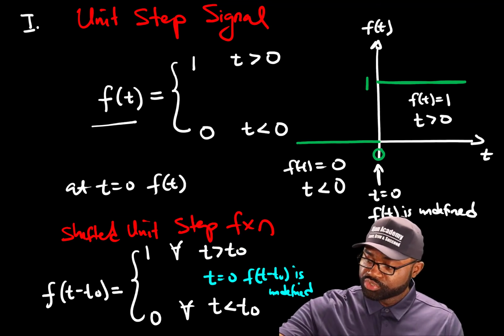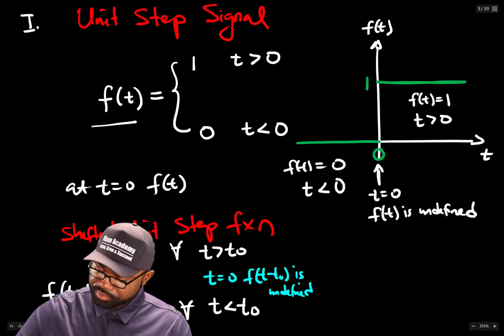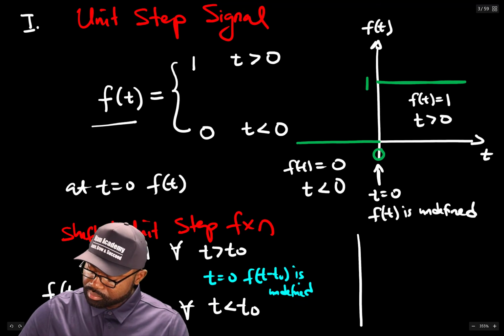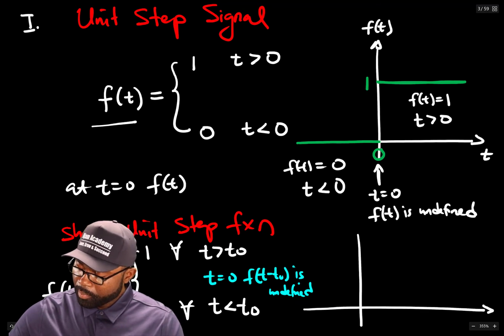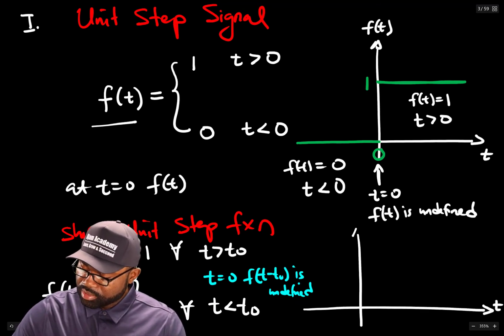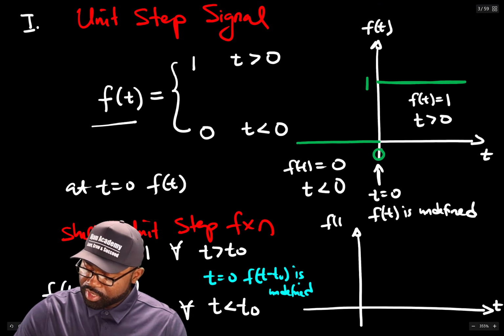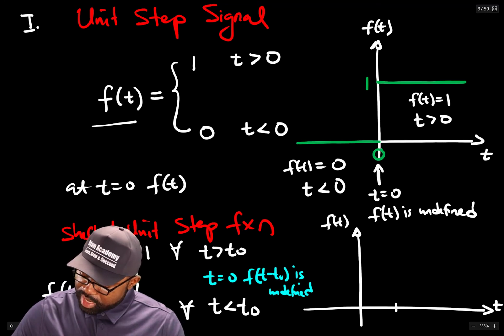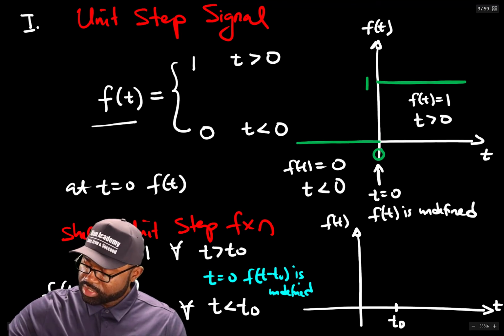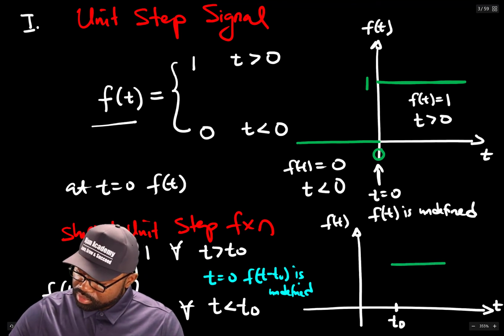So if we then draw our shifted function, this is t, that represents f of t. Right here, this is t naught. Our shifted function will look like this.